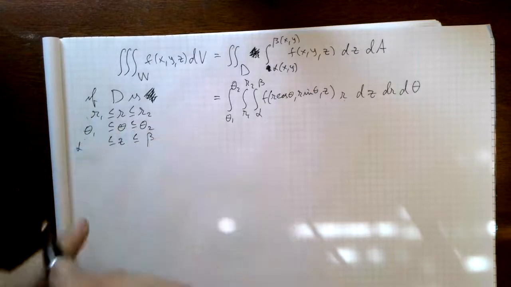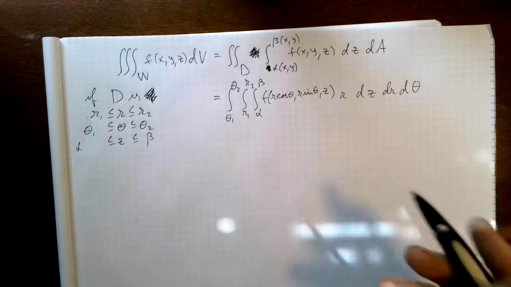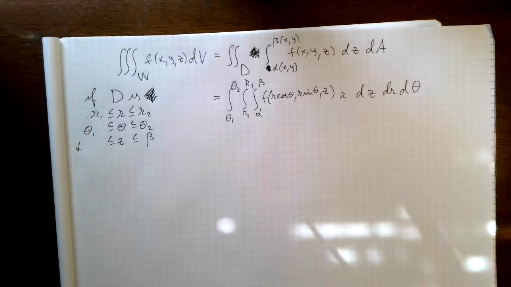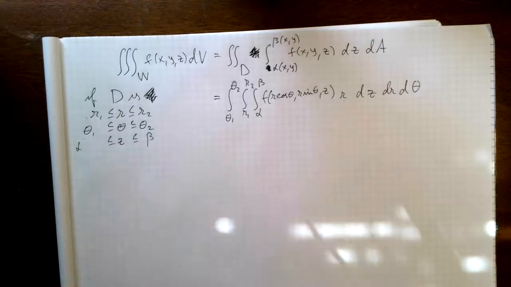Maybe r was depending on theta. That's also possible, depending on how you describe the region that you're integrating, and so you have to put that in the right order afterwards.